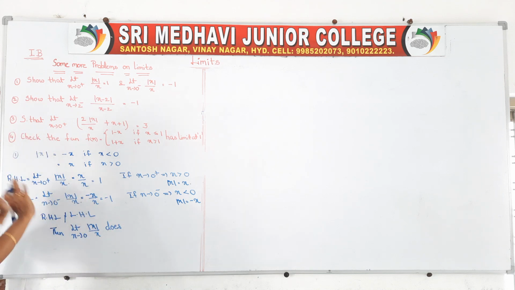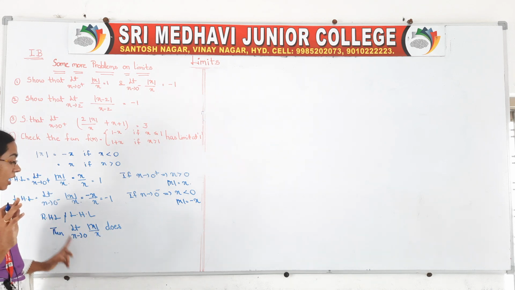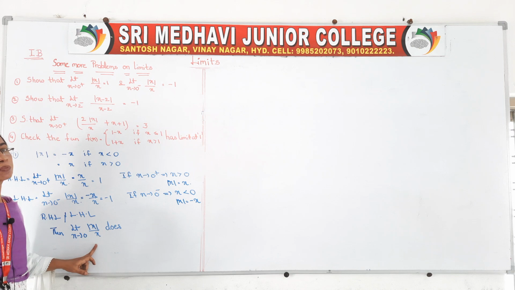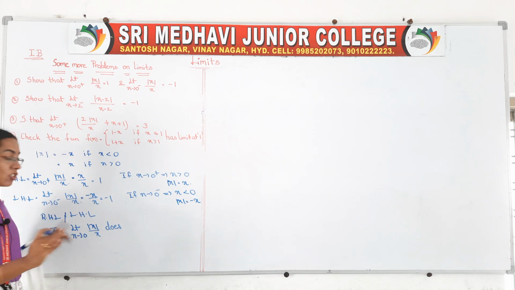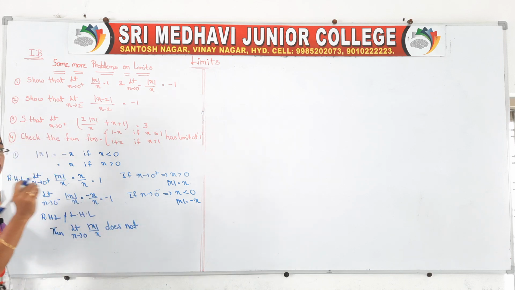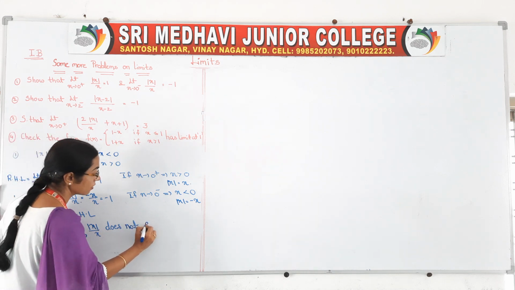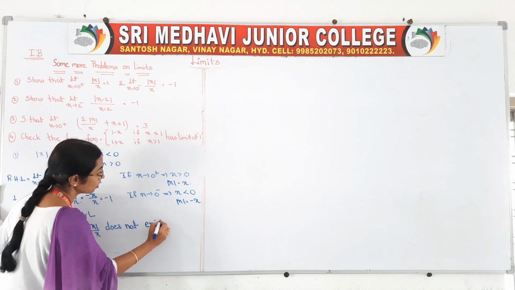The right hand limit exists separately and the left hand limit exists, but the limit x tends to 0 of mod x by x does not exist. Why? For the limit to exist, it has to satisfy one condition: the right hand limit must be equal to the left hand limit. But here the right hand limit is not equal to the left hand limit. That's why this limit does not exist.